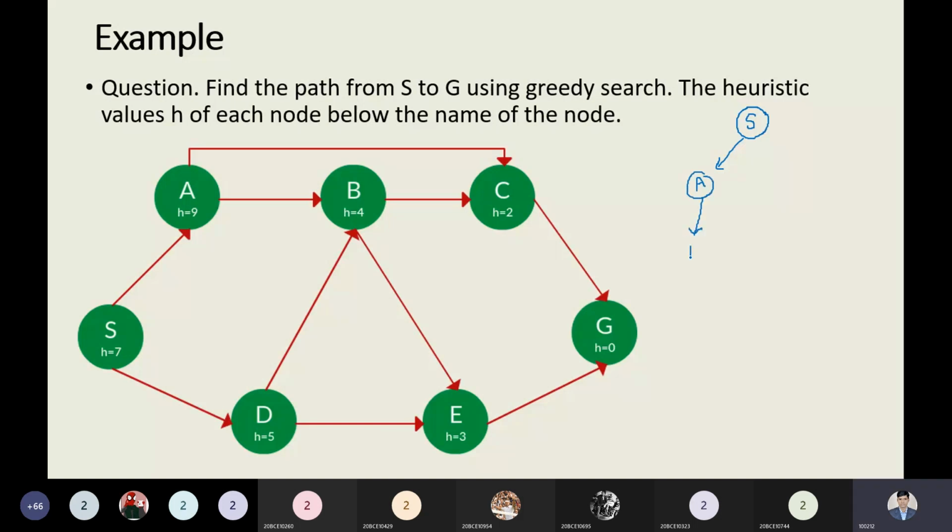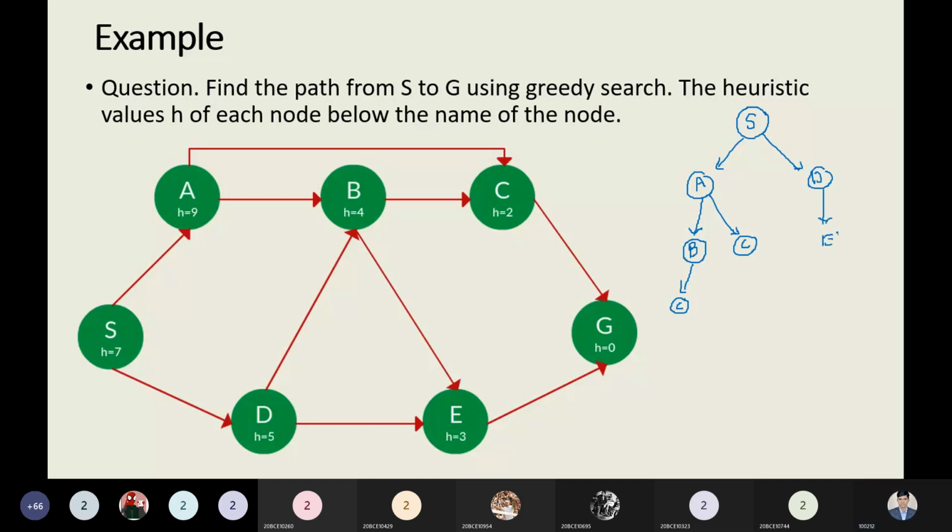B to C we can go, and A to C we have. Of course, A to C we can go, and S to D we have, and D to E we have.